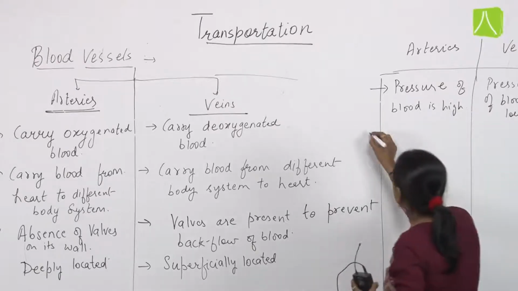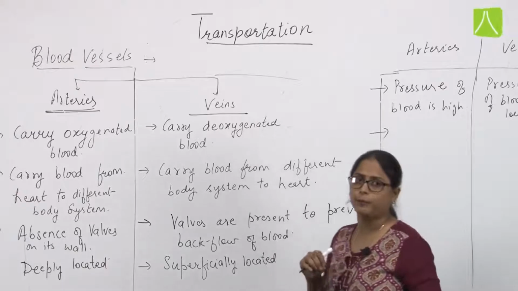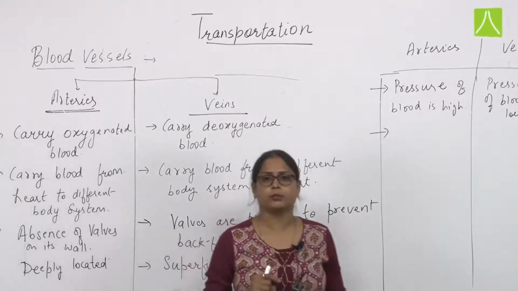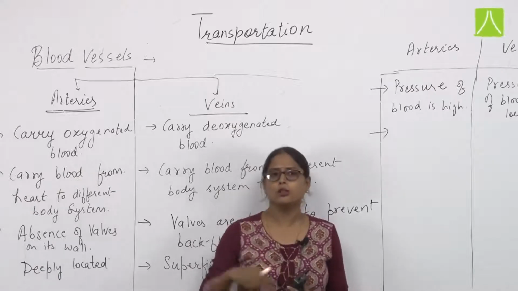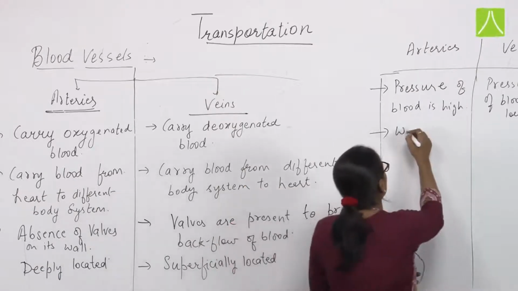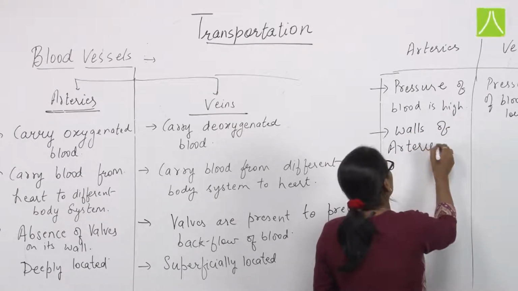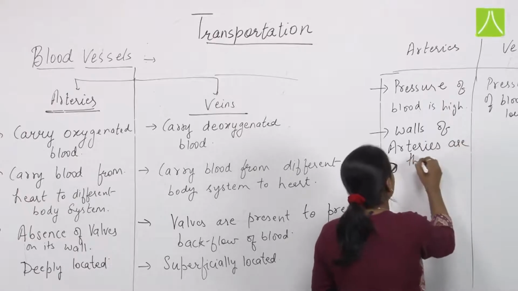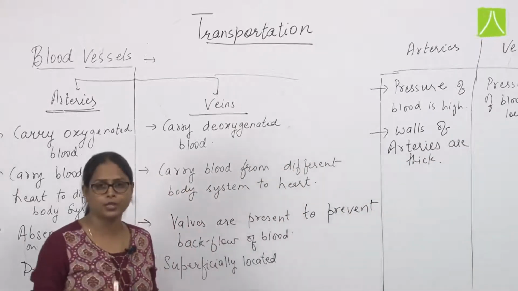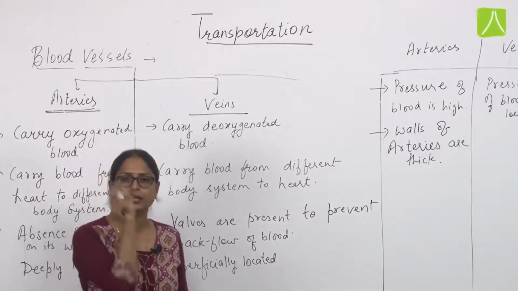Another difference again: the walls of arteries are thick. Why thick? Because they need to carry the oxygenated blood with high pressure, so they require more and more protection. That is why the wall is very, very thick.